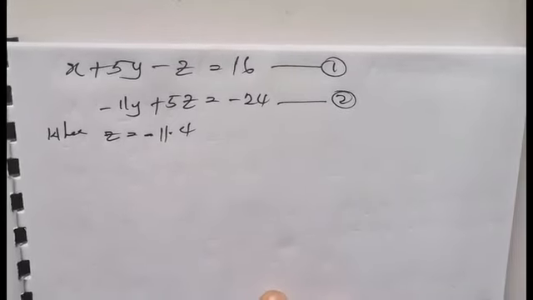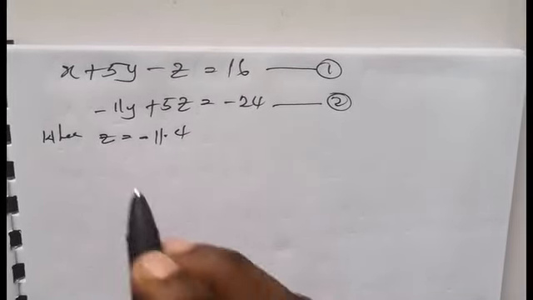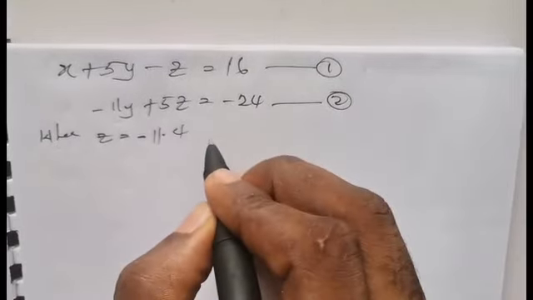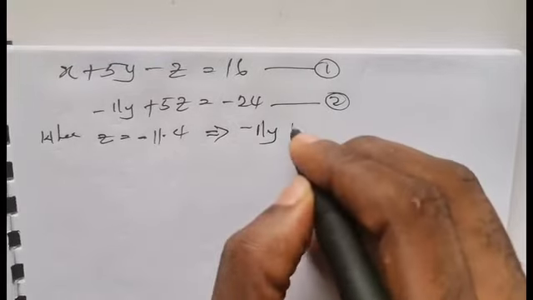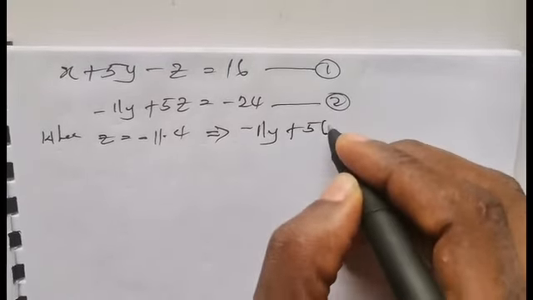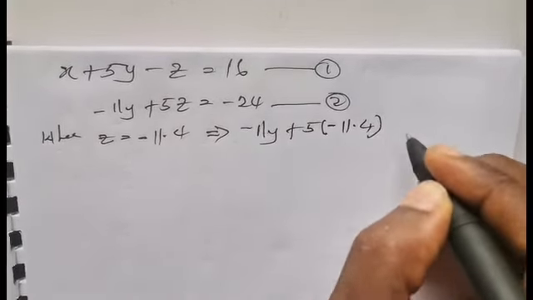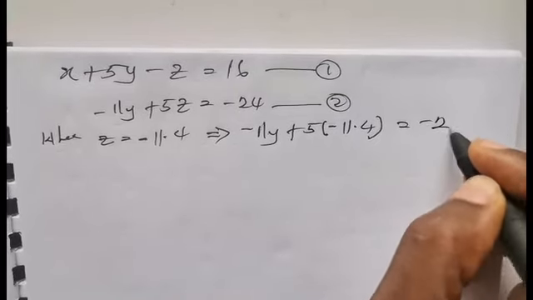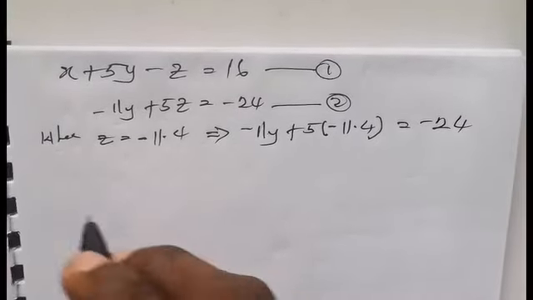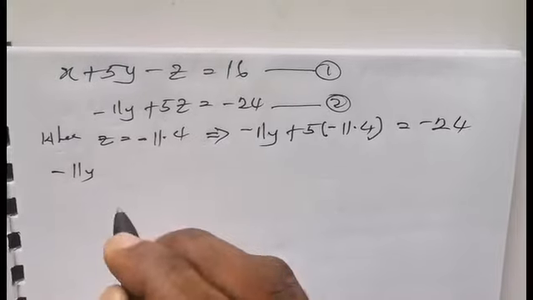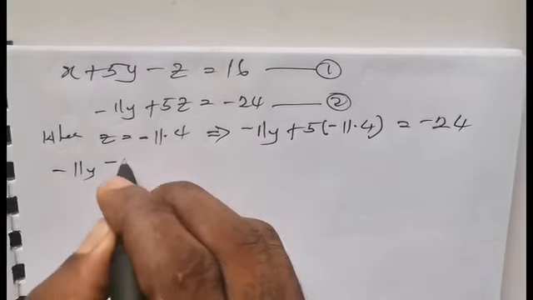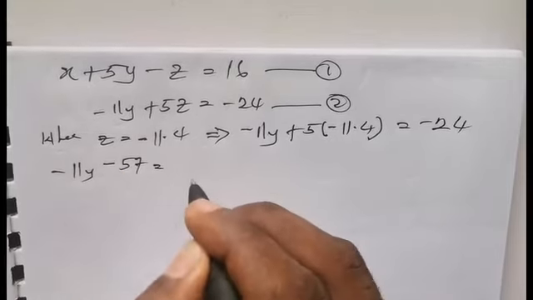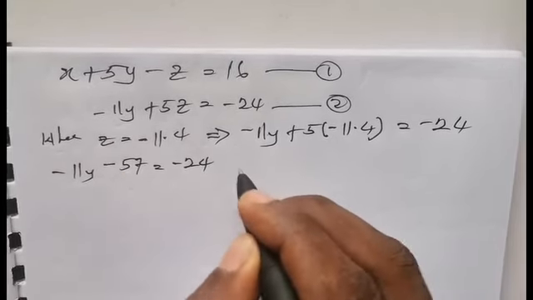Putting that value into equation 2, we simply have negative 11y plus 5 times z, where z is negative 11.4, and this is equal to negative 24. So negative 11y, 5 times negative 11.4 simply gives us negative 57, and this is equal to negative 24.